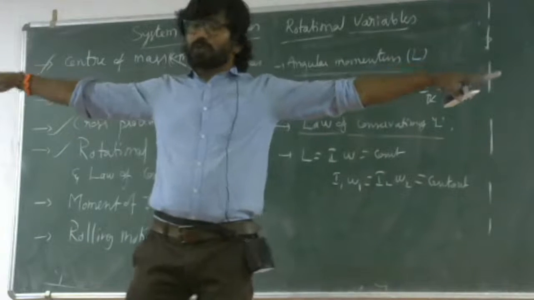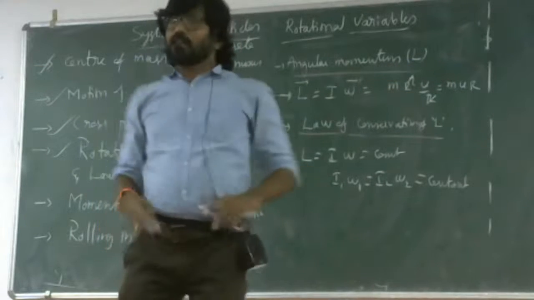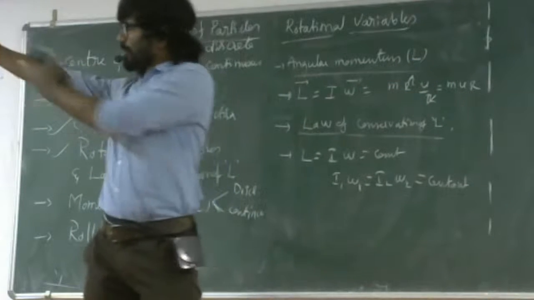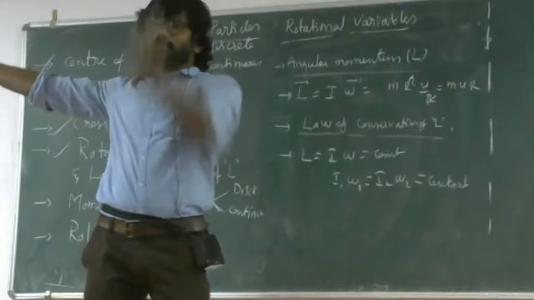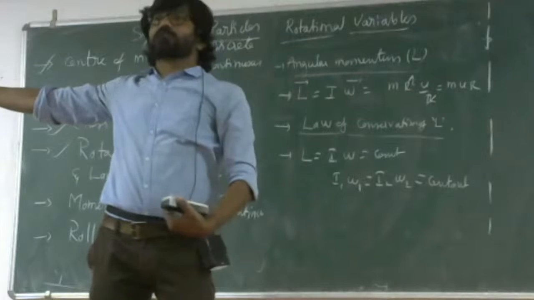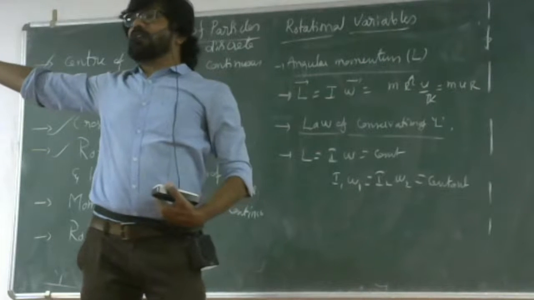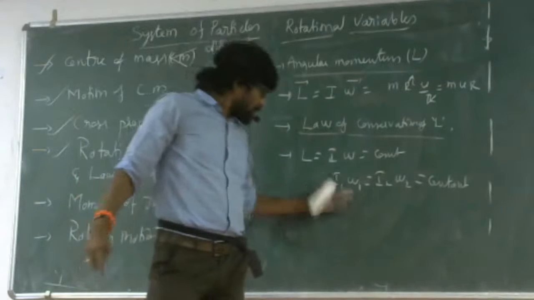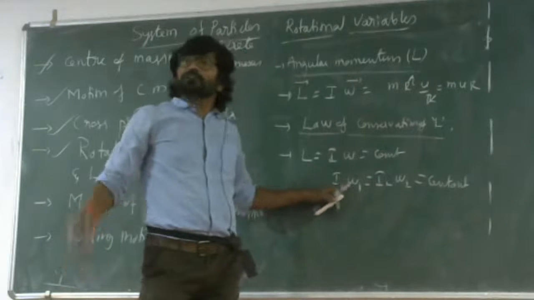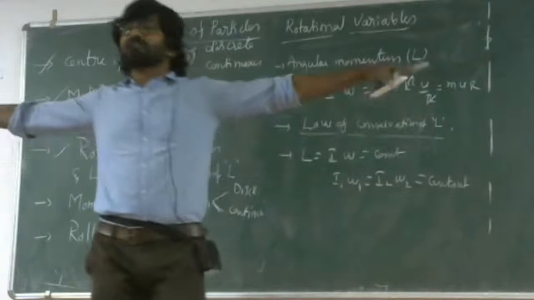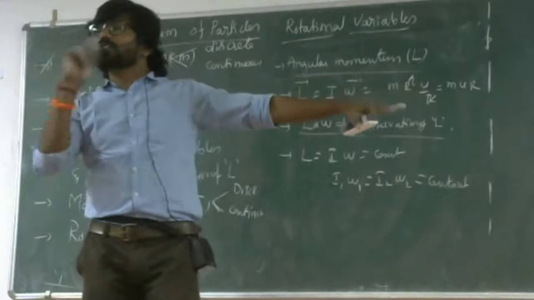As r is more, mr square, the moment of inertia, will be larger. So for the product to be constant, omega should be lesser. That means if you stretch your hands, you will rotate with less speed.